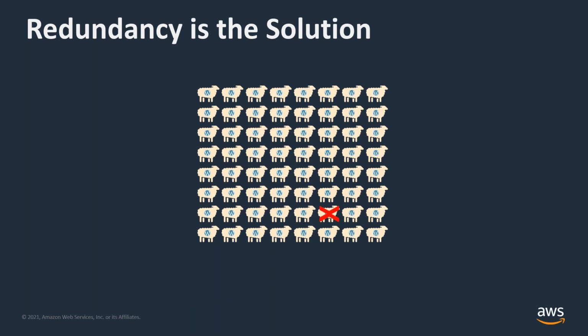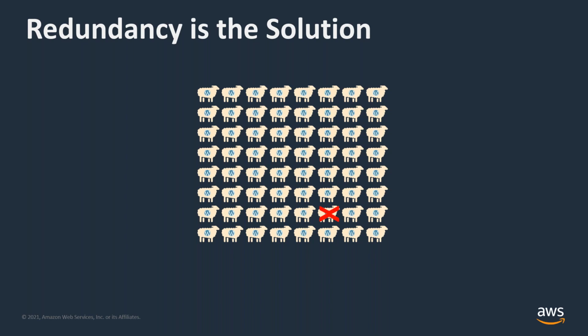The same is true for WordPress. If I have many WordPress instances running and handling traffic with the capacity to handle all of my customer requests, if a single WordPress instance within that group fails for some reason, the others can take up the slack until it's replaced. But unlike sheep, simply cloning a WordPress server to achieve high availability doesn't really work.